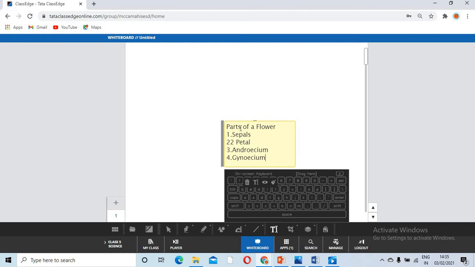These are the 4 parts that we are going to see, and it's very interesting to notice how each part plays a very important role in reproduction.